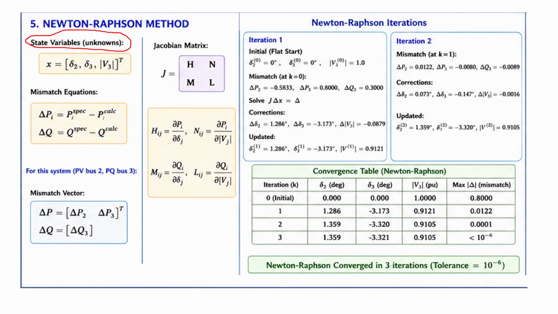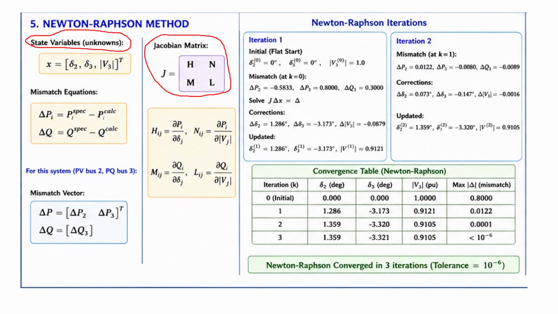Then we will form a Jacobian matrix. The Jacobian matrix is the partial differentiation of a function with respect to a state variable. Then we'll specify the flat start. With the flat start, we'll calculate the Jacobian matrix, and we define our correction variable magnitude.